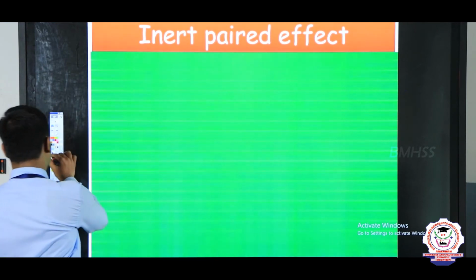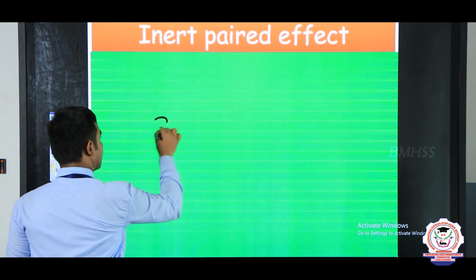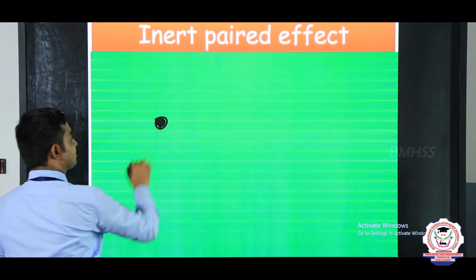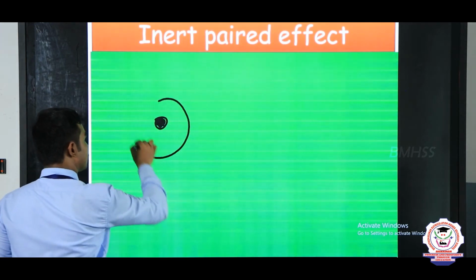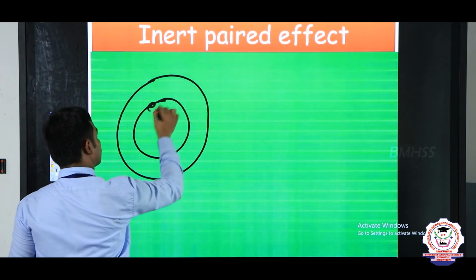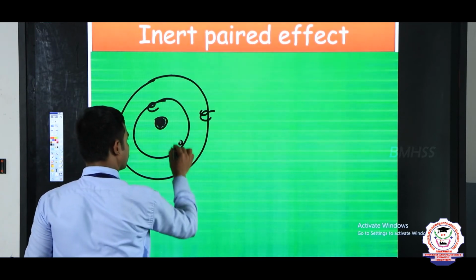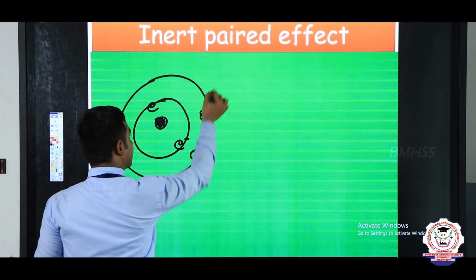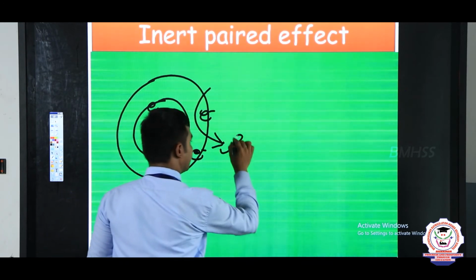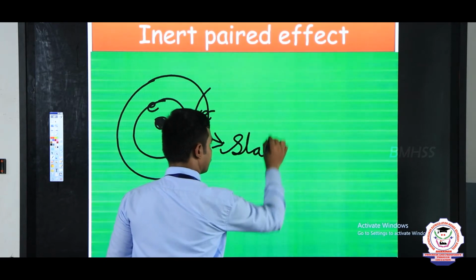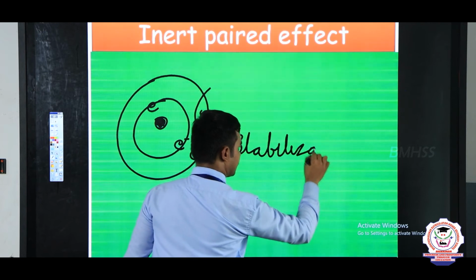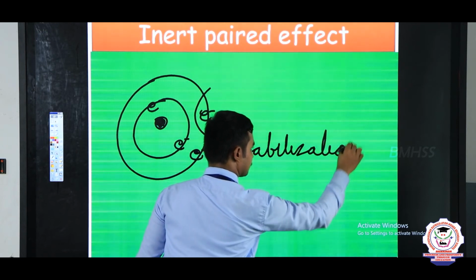So, inert pair effect means every atom contains a nucleus, inside the nucleus are protons and neutrons, and on the outer side it contains electrons. The atoms like to lose the electrons to get the stabilization.